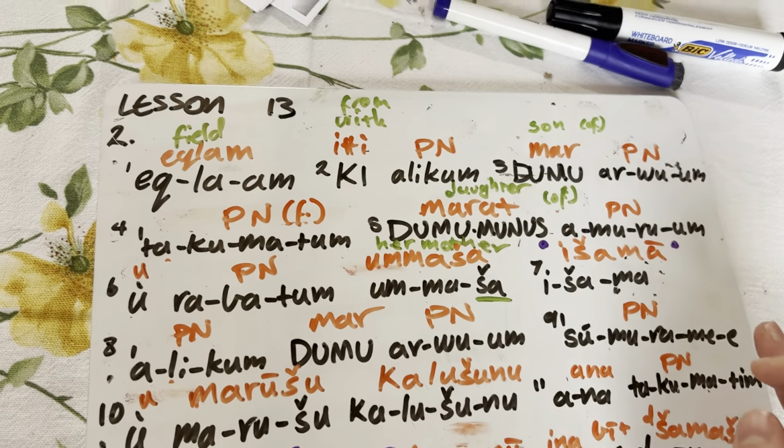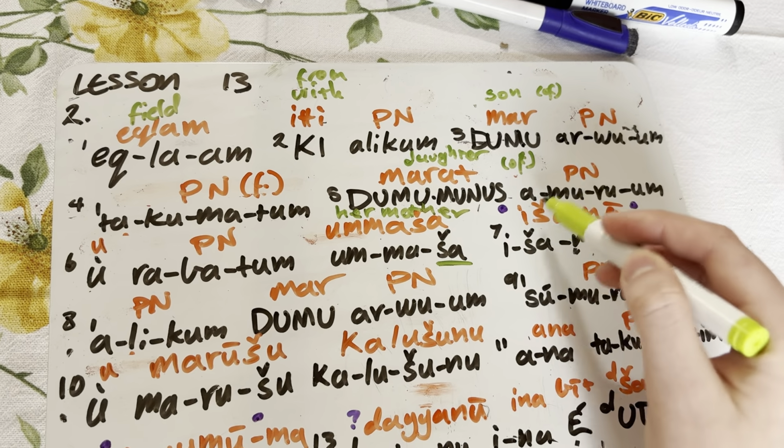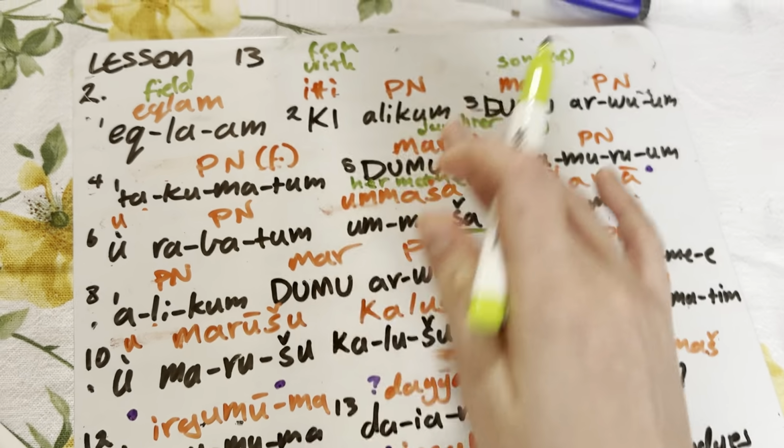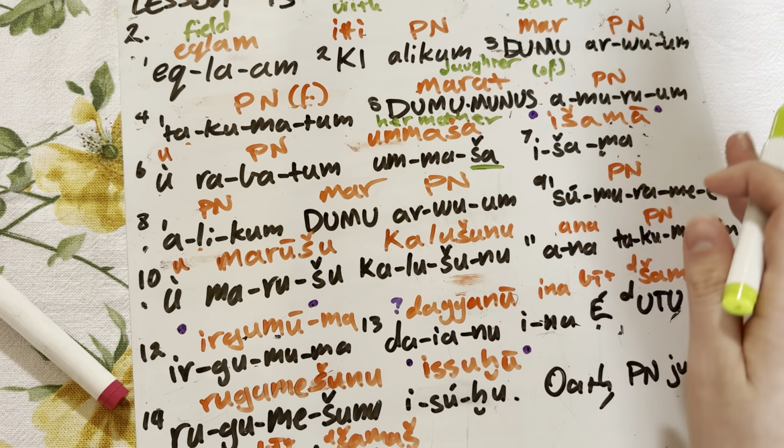So that's that first little part. And I know that's the end of that little clause, because there we've got our handy little verb. So moving on to the next section.